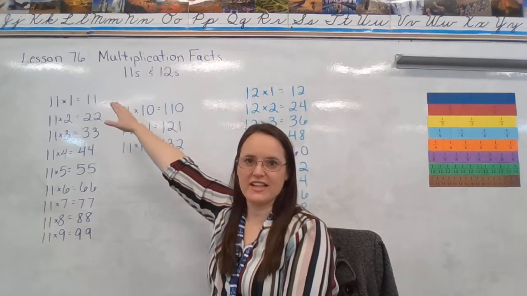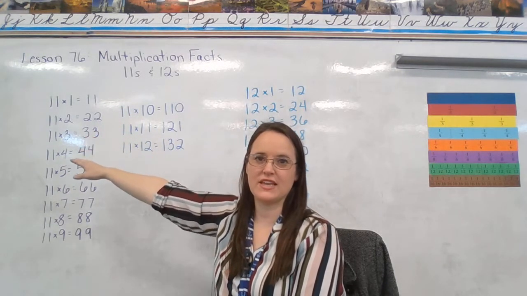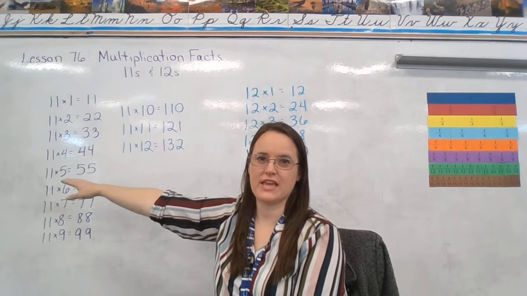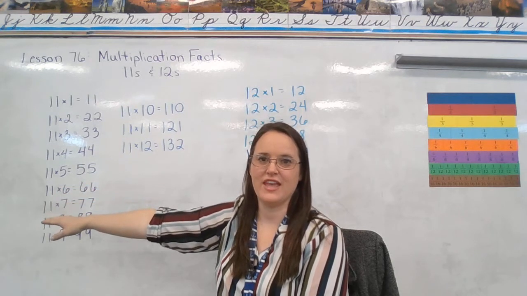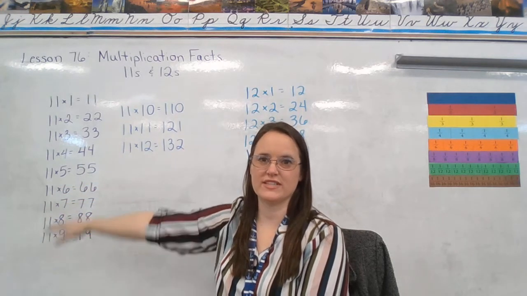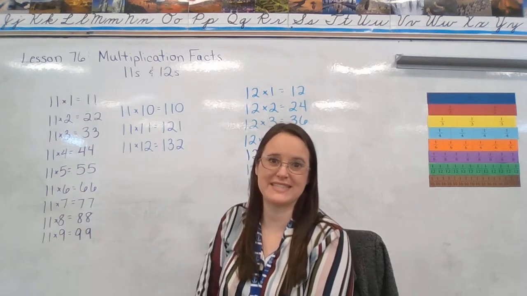So take a look. We've got 11 times 1, 11 times 2, 11 times 3, times 4, times 5. Look at the answers, look at the factors that we're multiplying together, and what do you notice on this side for times 1 all the way to times 9?